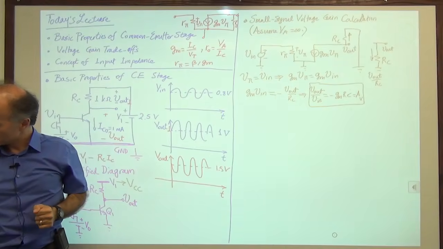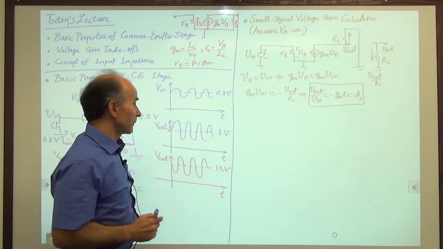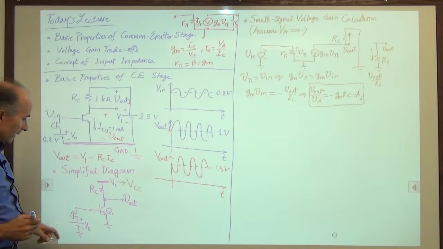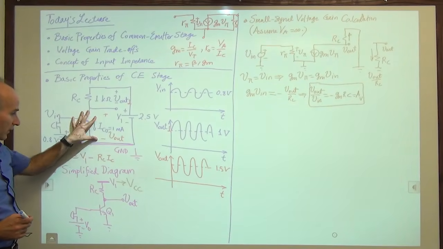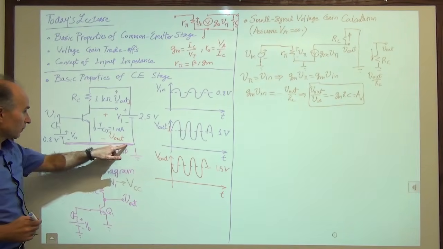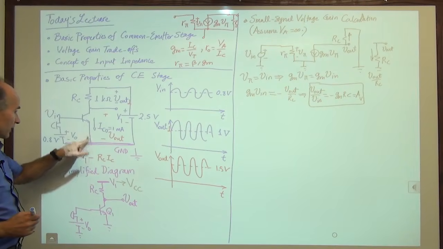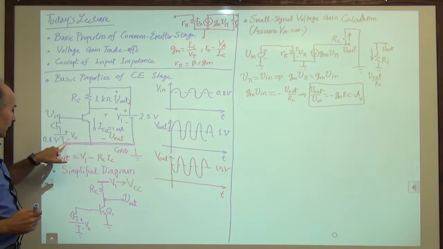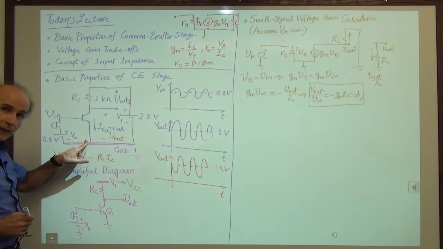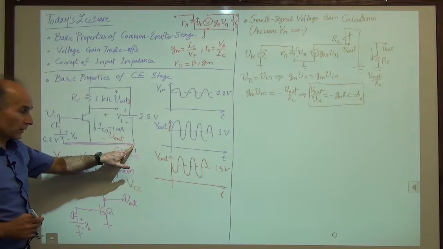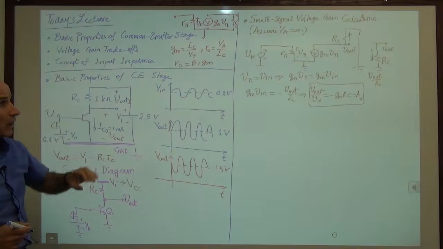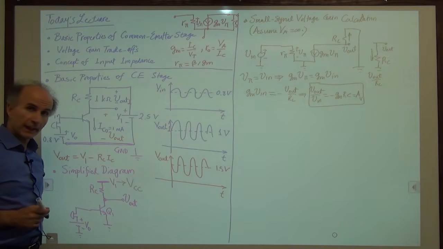All right, so one terminology that I would like to emphasize is the following. When we went from this circuit to this simplified circuit, we said this is ground, and the emitter is connected to ground. The bottom of this battery is connected to ground, and the bottom of this battery is also connected to ground. Now, when we drew the small signal model, something else happened.